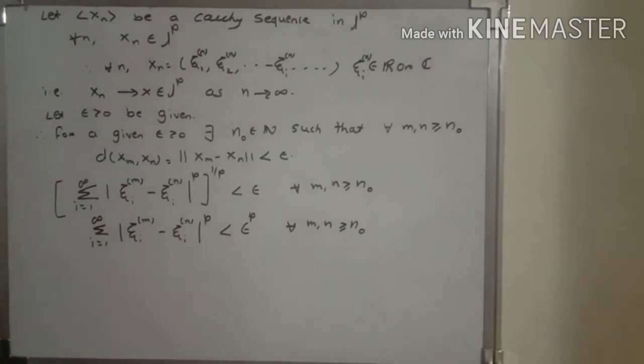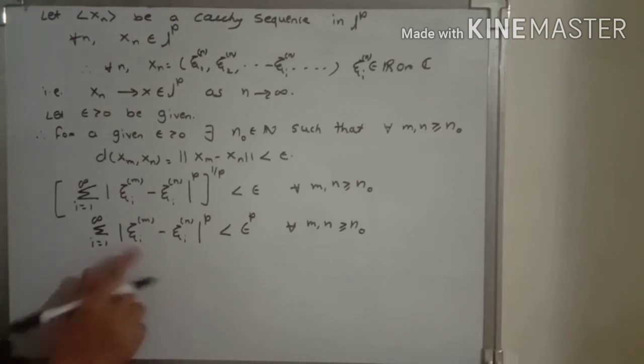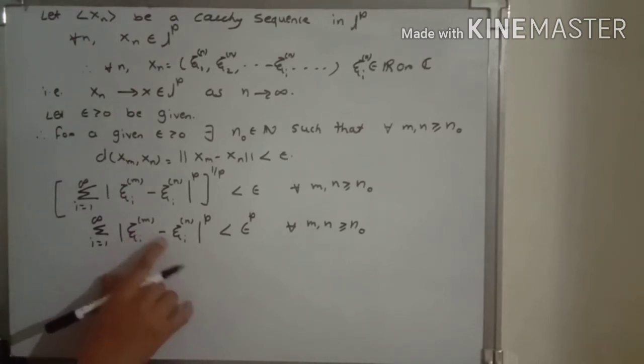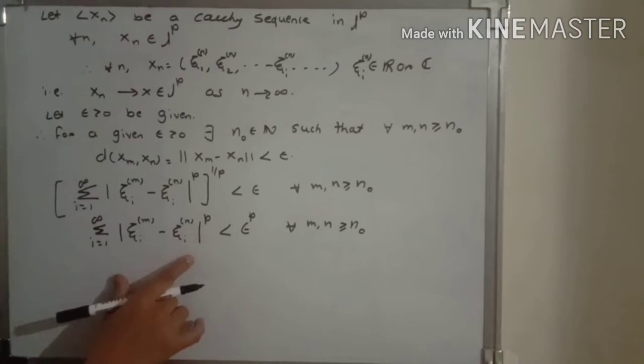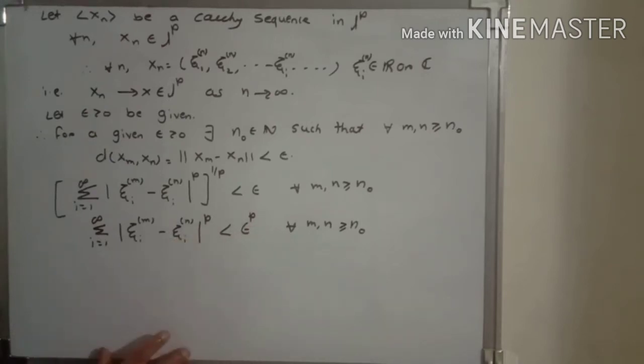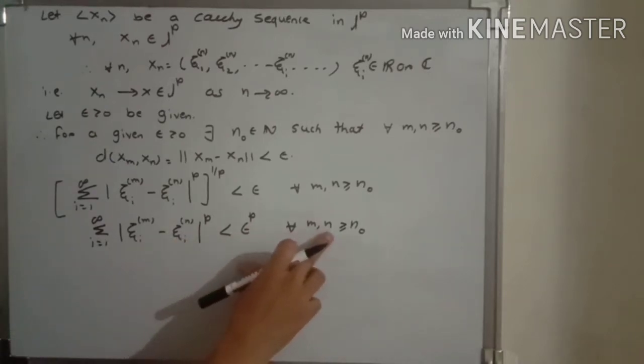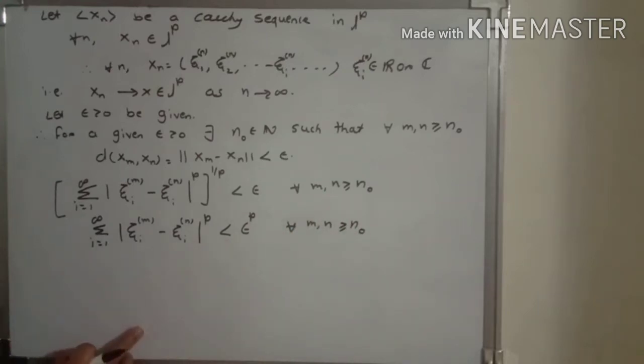Now here the summation of mod of xi im minus xi n to the power p is lesser than epsilon to the power p for all m, n greater than or equal to n naught.